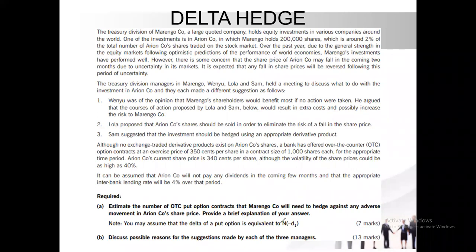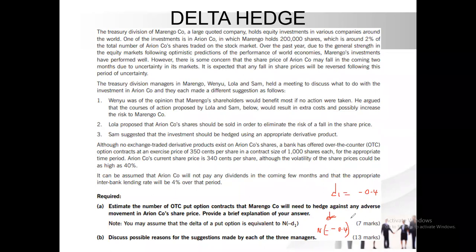Once you find the D1, say the D1 that you calculate is minus 0.4. When you come here, you're going to say N of minus 0.4. That's what it means.